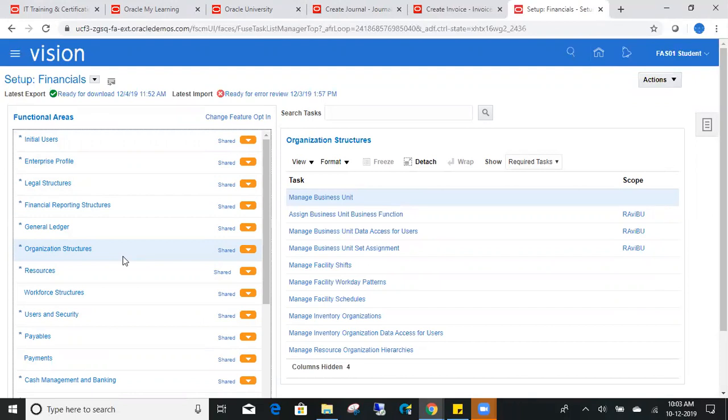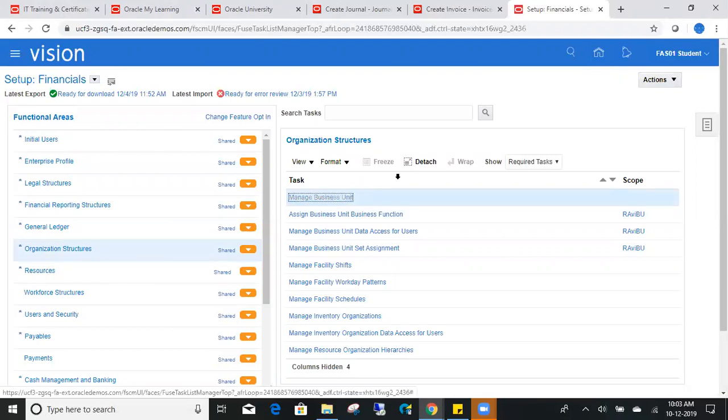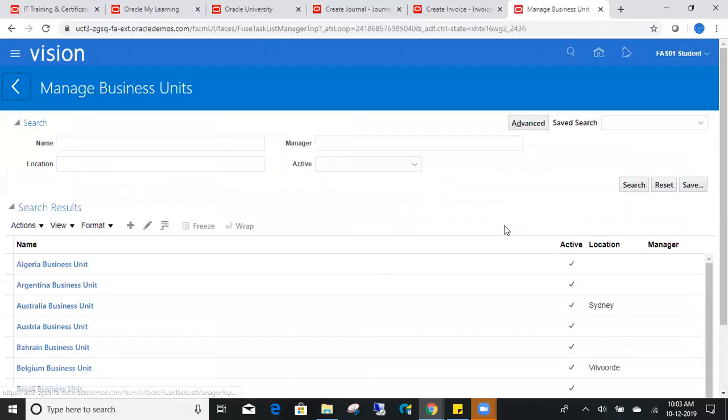Okay, so business unit. Before starting a business unit, let me create one business unit. So in AP, whatever may be in Fusion, if you're creating a payment term, I told you the payment term 10, 20, 30, 40, right? So if I say I have a UK business, I have one business unit.